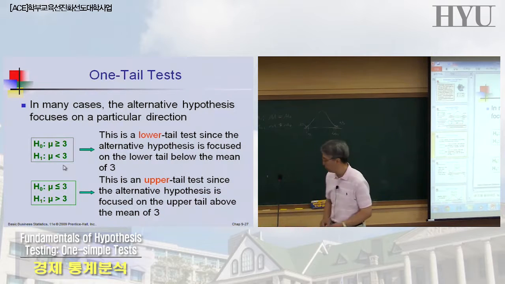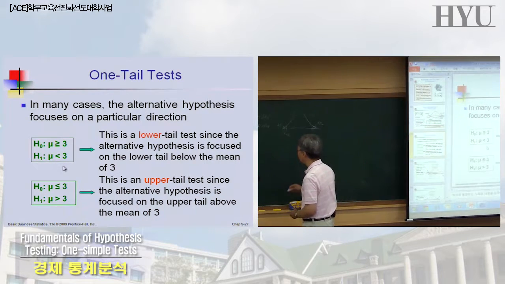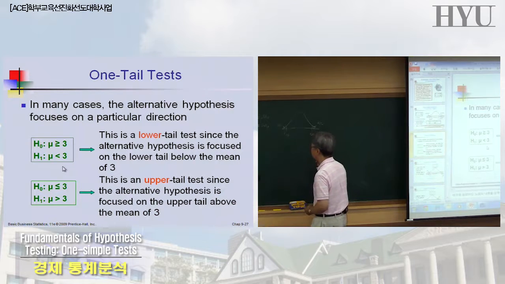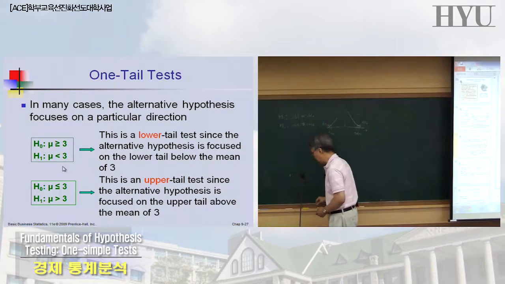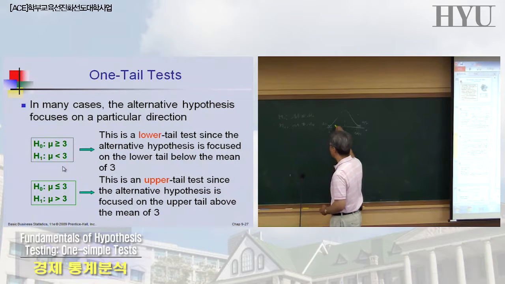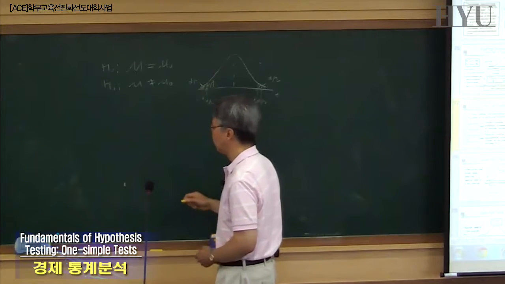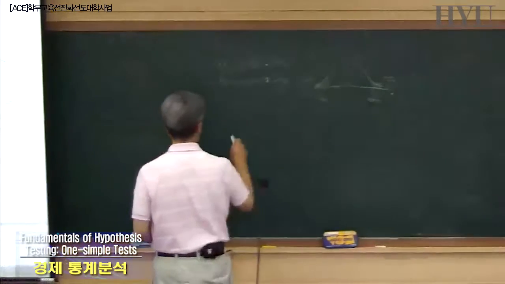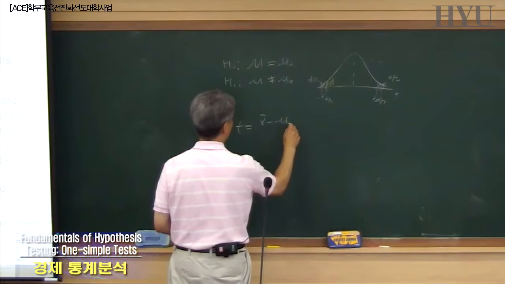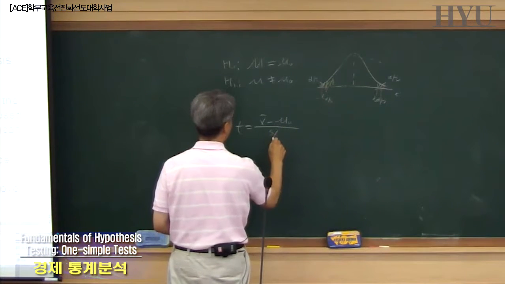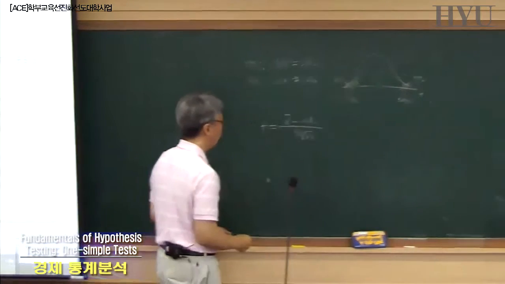And if you convert that into t-score or z-score in this distribution, that means your test statistic, you're setting up your rejection region on this side only, okay? Because the test statistic will be something like x bar minus mu 0 over s over square root of n, right?